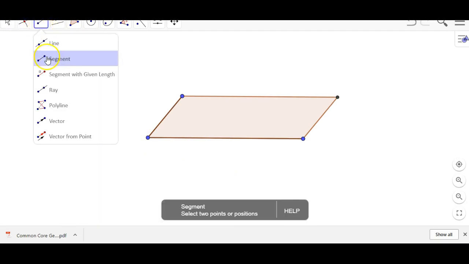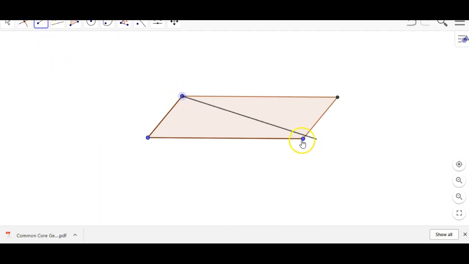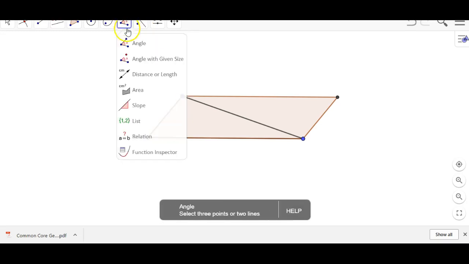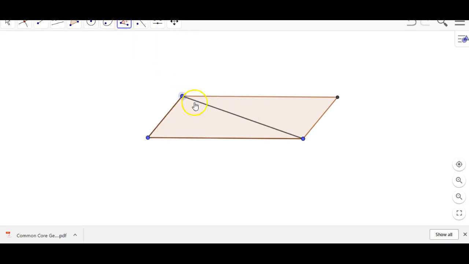So let's get a segment tool. Here's my diagonal. All right, because this diagonal divides us into two triangles, and these are parallel lines, therefore these are alternate interior angles, and alternate interior angles are congruent. So I'm going to measure them here. I'm going to measure my angle and show you I know what I'm talking about.